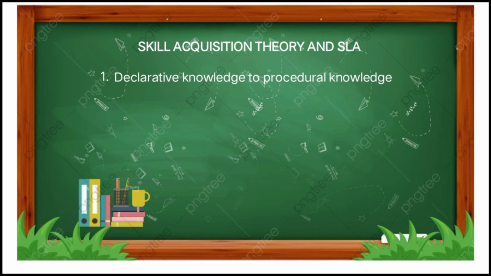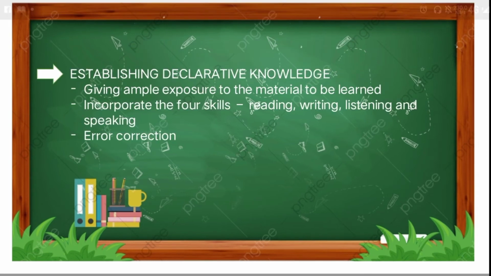So, since we have talked about declarative knowledge, now the question is, how can we establish declarative knowledge? Implementing methodology that is consistent with skill acquisition theory means anchoring the relevant knowledge solidly in the student's mind at the outset.